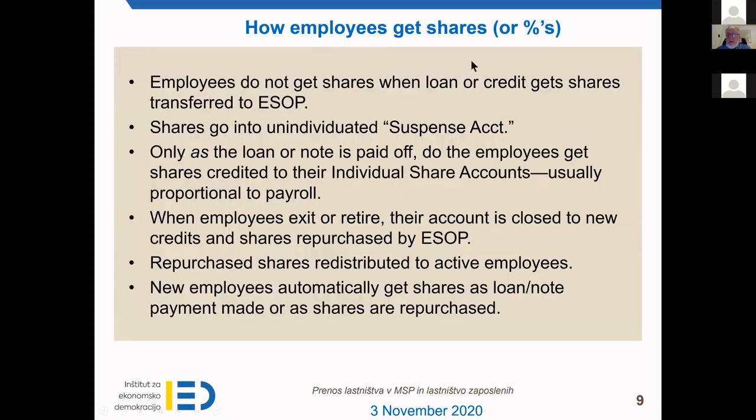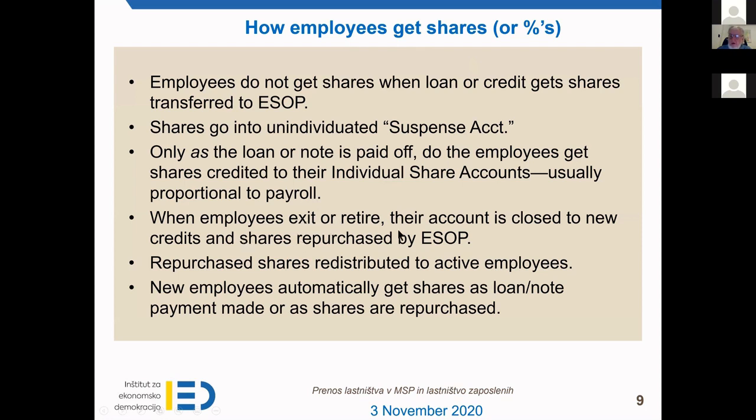So this is simply describing how the workers actually get shares. They don't get them originally. They go into this unindividuated suspense account, and only as the loan is paid off. The workers are in effect creating this extra value, and that pays off the loan, and that's when they get the shares into their account.